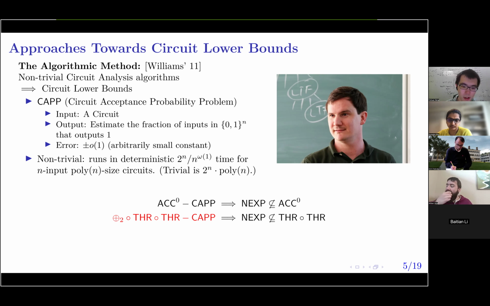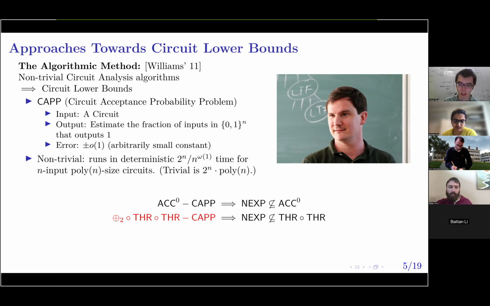Here, this XOR of 2 just means the top gate is an XOR of 2 subcircuits. So you can think of it as an XOR of 2 threshold of threshold circuits. So here we have an extra XOR at the top. And in fact, for ACC0 circuits, this XOR is just absorbed by ACC0.